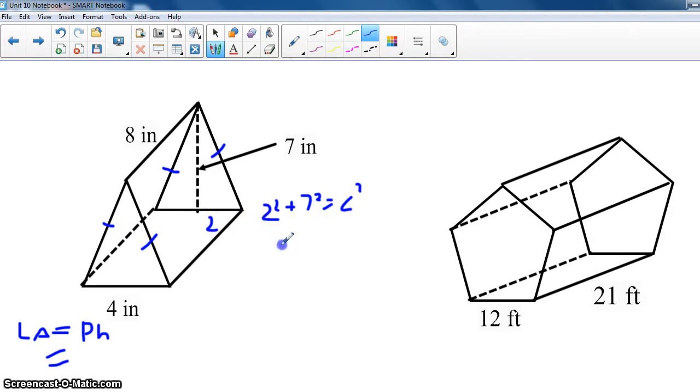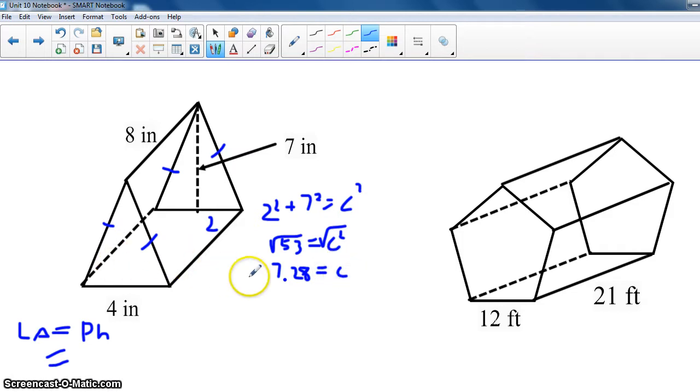So 53 is equal to c squared. Then when we take the square root of 53, we get about 7.28. So that's going to be the length of our sides.